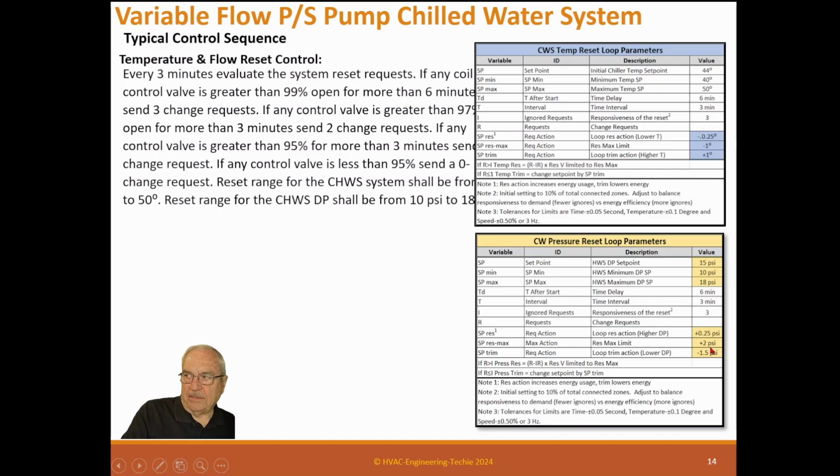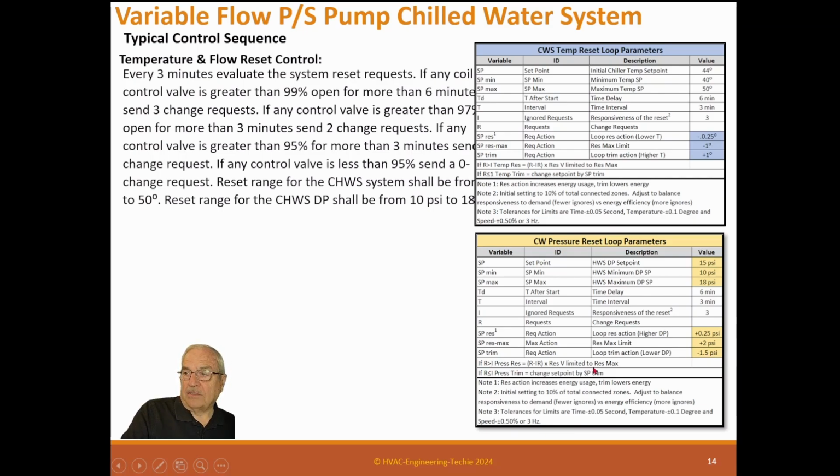So if you had 4 requests after you subtracted the ignored, you would get 4 times 0.25, which is 1 psi. If it was 8, you'd get 2 psi. If it was 10, it'd still be 2 psi because we have a limit on it. And then down, we're going to go 1.5 psi every time we don't have a request. So if you have no request, we're going down. So that's basically what that is.